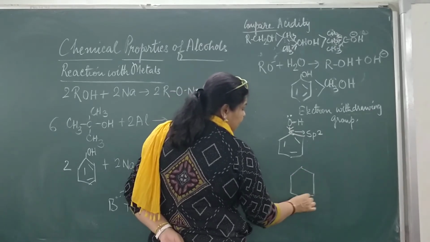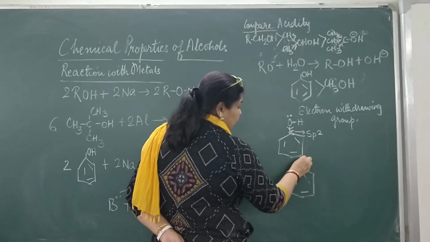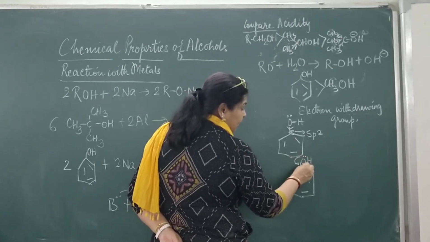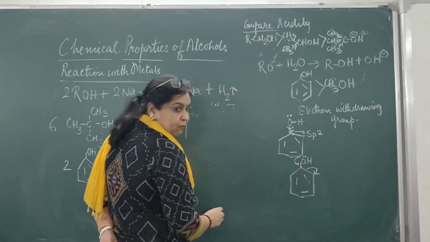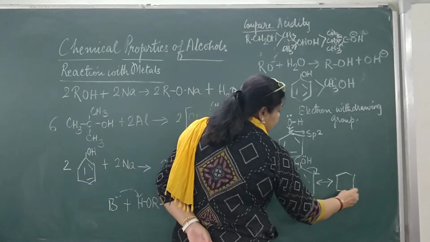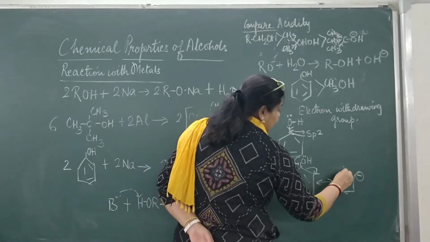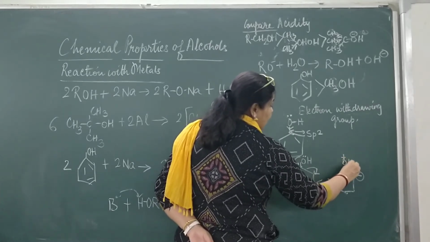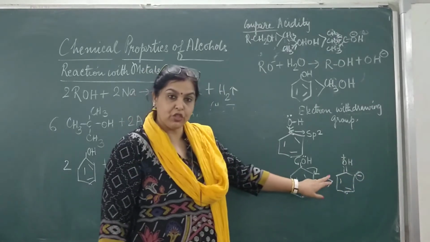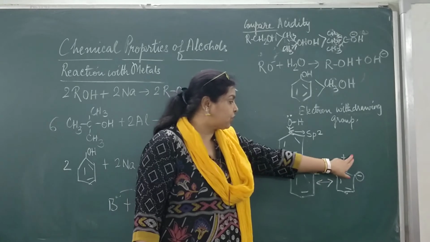We have learned this in the halo chapter also, haloarenes. Due to resonance, if I do the resonance part of it, what I observe is that the oxygen is getting a positive charge. So this becomes positive, this becomes positive.